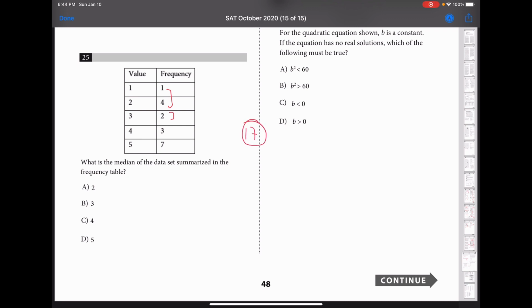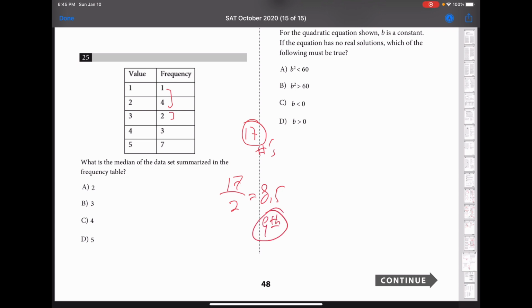We need to find the middle number of 17, so we take 17 divided by 2, which gives us 8.5. So the median will be the 9th number in the sequence.